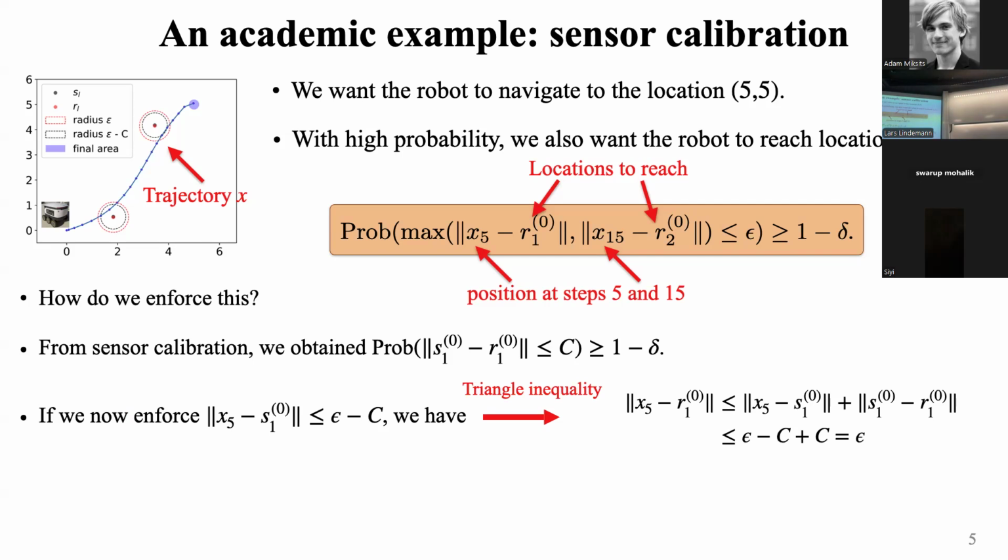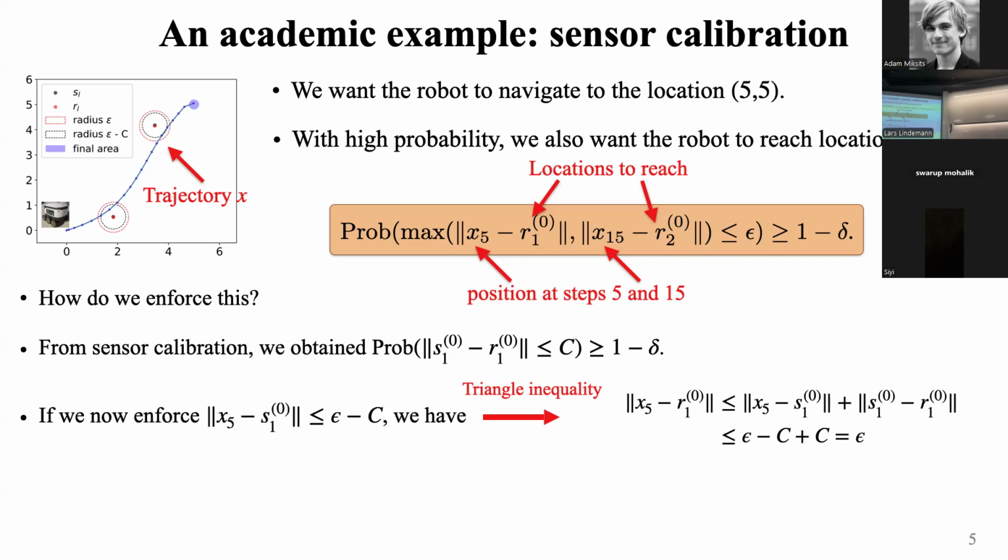We want x5 minus R1 bounded by epsilon, right? So we apply the triangular inequality: x5 minus S1 plus S1 minus R1. We know x5 minus S1 is bounded by epsilon minus C, and S1 minus R1 is bounded by C, and then we end up with epsilon.